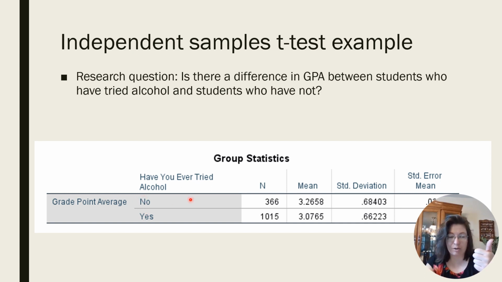So those who have never tried alcohol and those who have. And we can see that we've got approximately 366 people in the no group and over 1,000 in the yes group. The GPA averages are next, so 3.26 for the no alcohol group and 3.07 for the yes alcohol group, along with their standard deviations and standard errors.